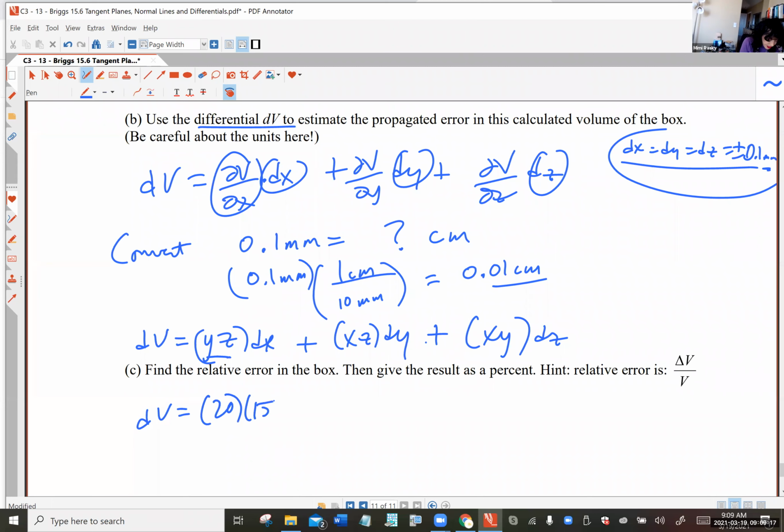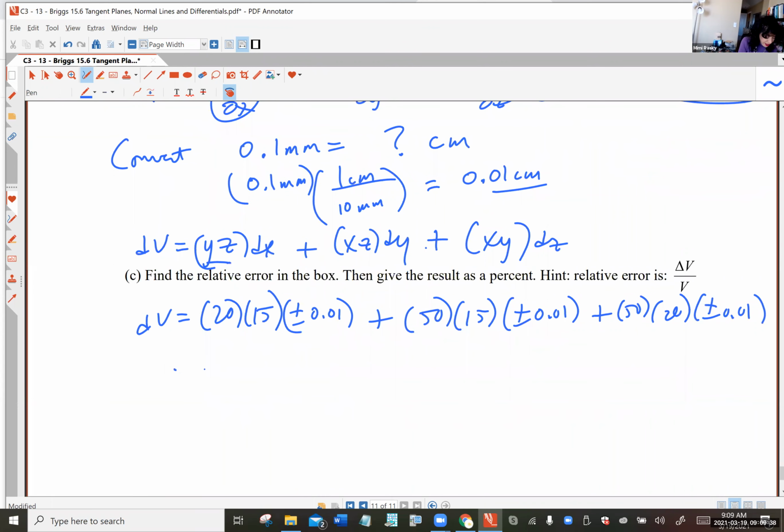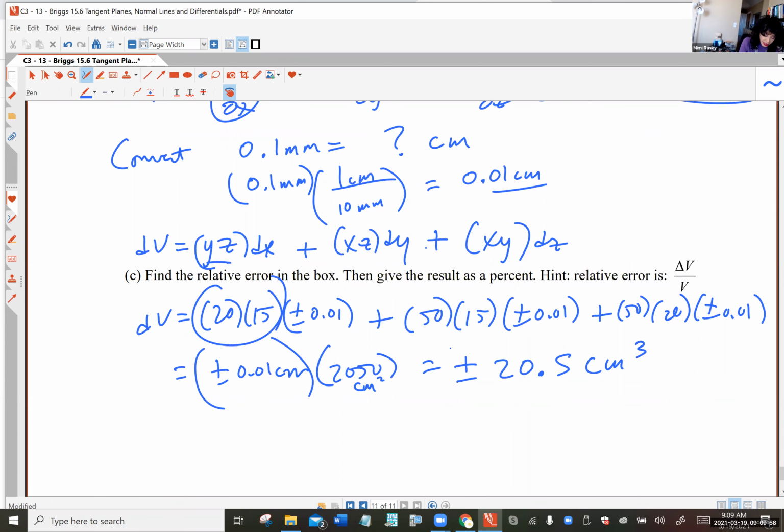You have 20 times 15 if we use the measurements, plus or minus 0.01, plus xz, 50 times 15 times plus or minus 0.01, plus 50 times 20 times plus or minus 0.01. I'm going to ignore the plus or minus 0.01 and sort of factor it out, if you will, like so. And then you multiply all these guys together, I get 2050, and that's centimeters squared. And then if you multiply these guys together, I get plus or minus 20.5 centimeters cubed.